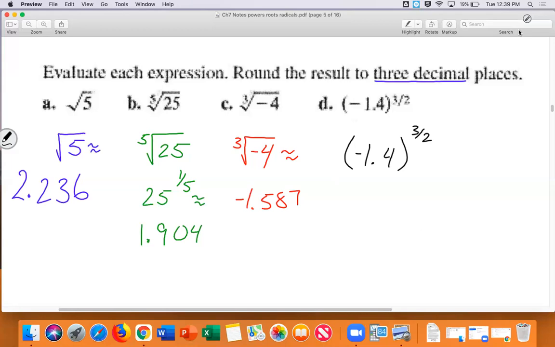Yep, positive 1.4. Okay, hold on. So we're actually going to view this like this, Leah. All right, so we're going to deal with that, which is what? What did you get? 1.657.